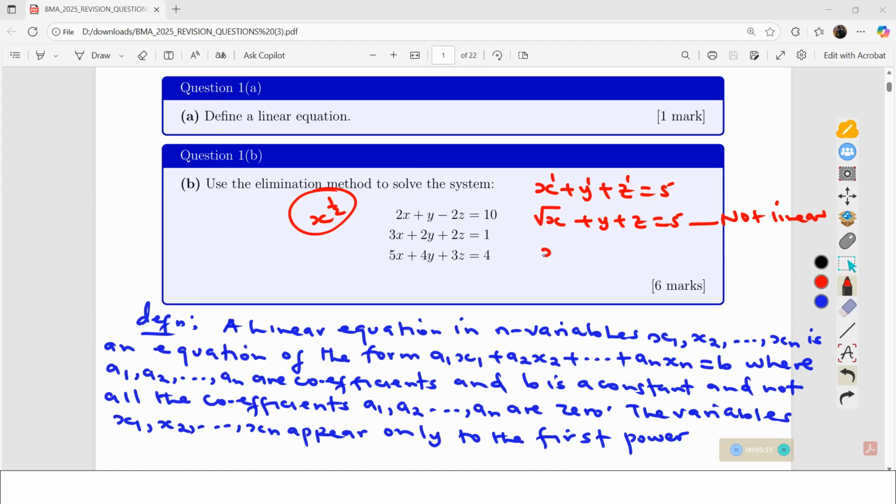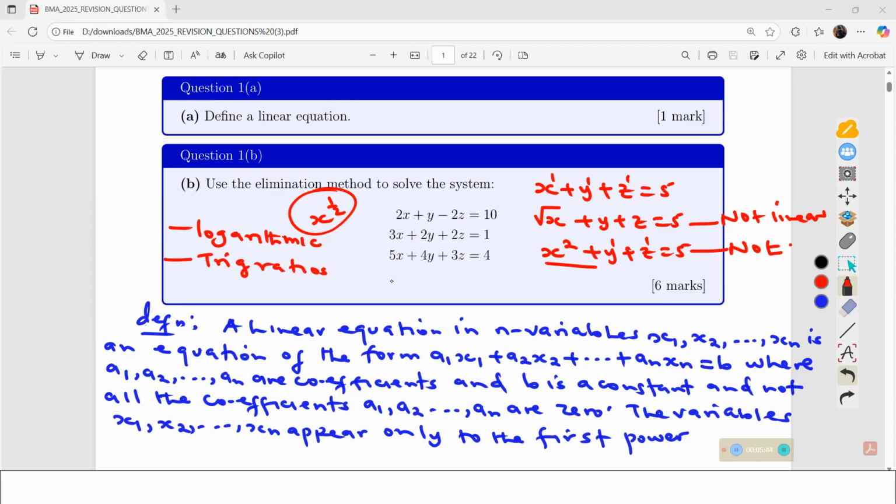If you have an equation x squared plus y plus z equaling 5, such an equation is not a linear equation because the power of x is not 1. Even when the powers for y and z are 1, still this equation is not linear. Also, don't forget about logarithmic equations, and equations which contain trig ratios.